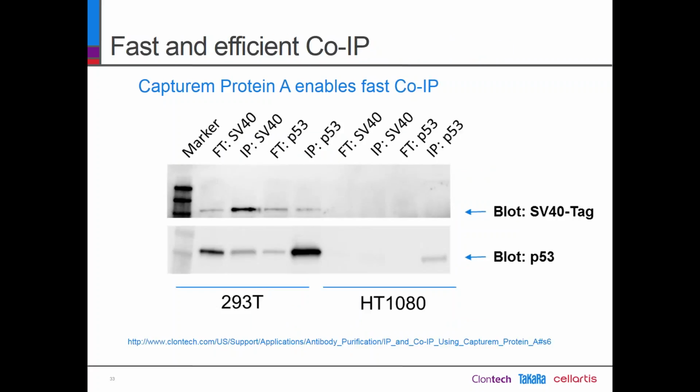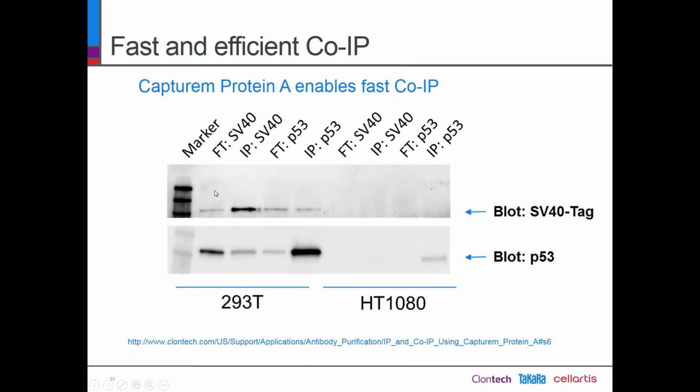So what we did here is a cross experiment in a way, where we took 293T cells that express P53, so that's endogenous protein, but 293T cells also express the SV40 T antigen. And what we tried here is to co-IP. So we use one antibody that will bind one protein, and that protein will bind another protein, and we want to see that other protein, and vice versa.